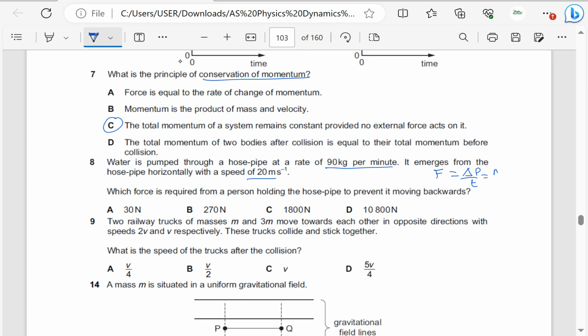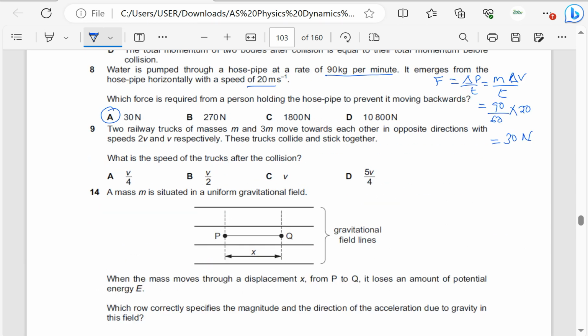So this is going to be mass times change in velocity divided by t. So the mass per unit time is 90 divided by 60, because 1 minute is 60 seconds. The velocity changes from 20 to 0, so that is times 20. So this gives us 30 newtons. So the answer is going to be A.